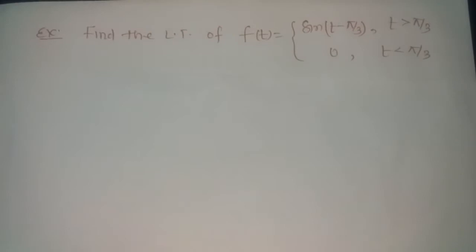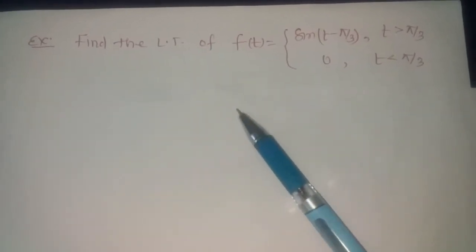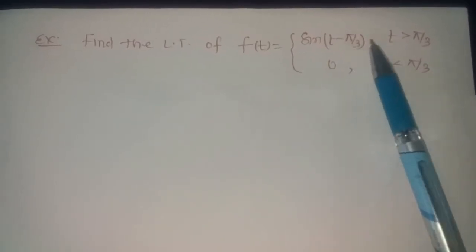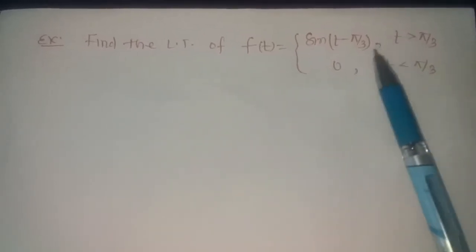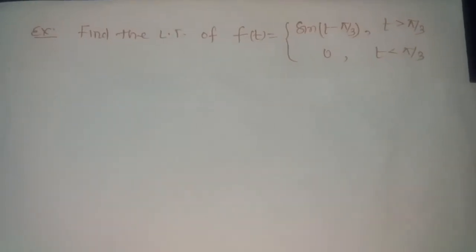Let us see how to apply the second shifting theorem. Consider the example: find the Laplace transform of f(t), where f(t) is defined as sin of (t minus pi by 3) when t is greater than pi by 3 and 0 when t is less than pi by 3.